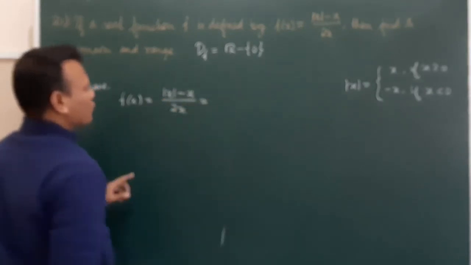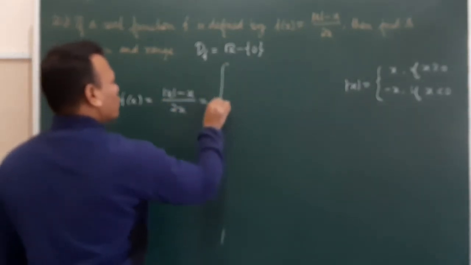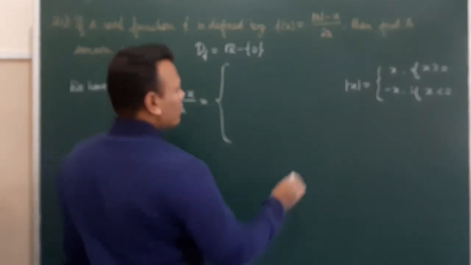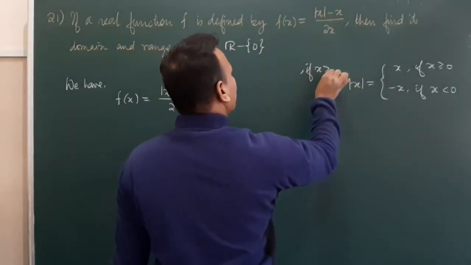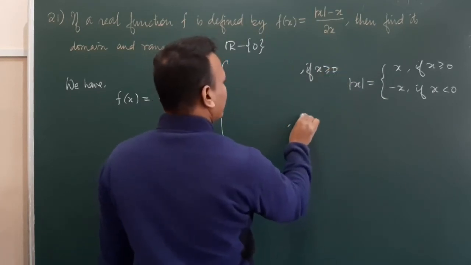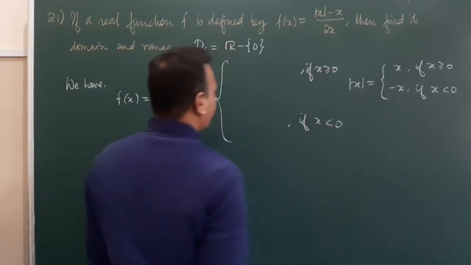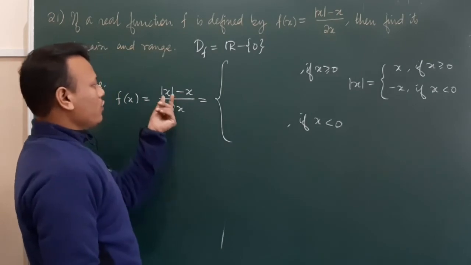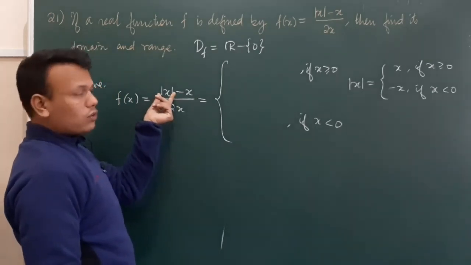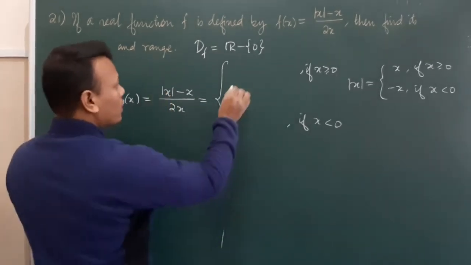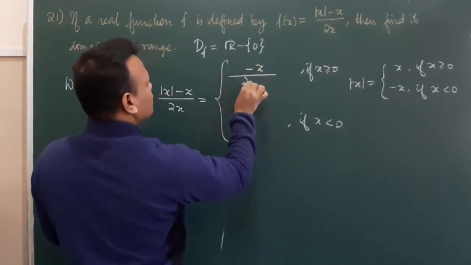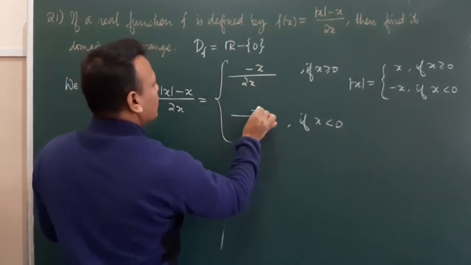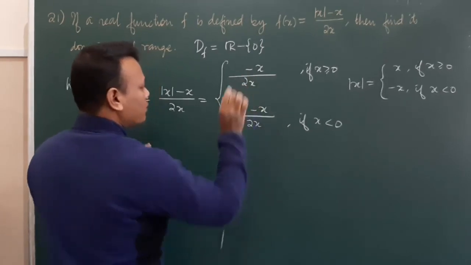Now let's make use of this definition here. So we need to split here, and we have two options: if x is greater than or equal to 0, and another if x is less than 0. Here we will change only this one because only this contains the modulus. The others will remain as they are, that is minus x by 2x.